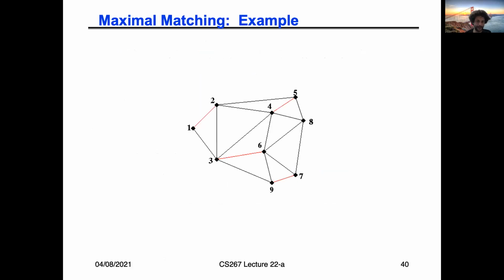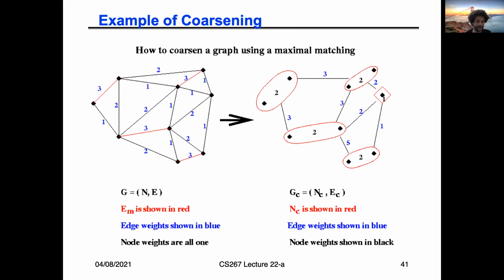So, for example, here's a maximal matching. The subset of the edges that are part of the matching are color-coded red, and they are indeed a matching because they do not share any endpoints. There are some vertices that are left, like 8, but that's okay because this is a maximal matching. Now I'm going to define my coarser graph as groupings of endpoints.